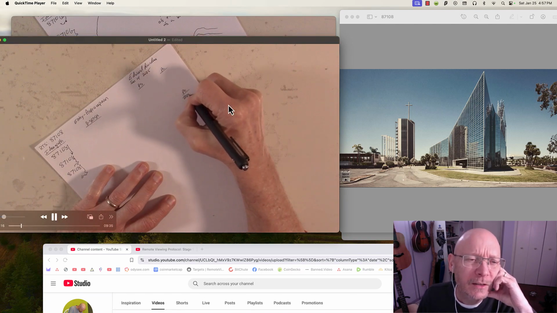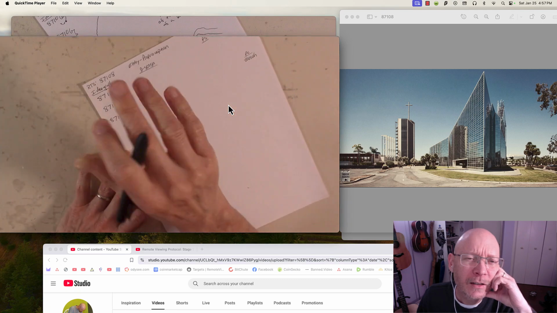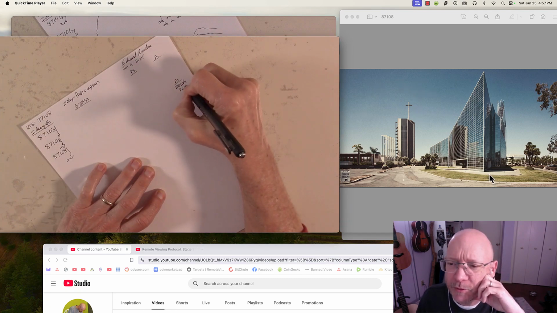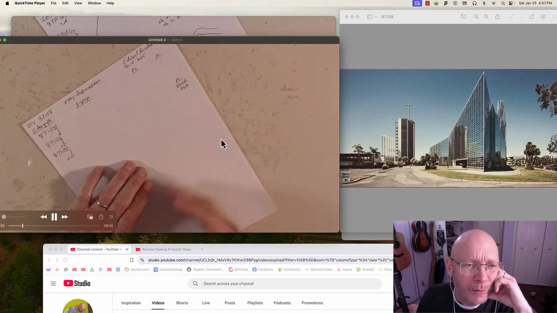Pattern complete. A bench. Okay, pattern complete. A bench. I don't know. Maybe a bench over there somewhere. A park.